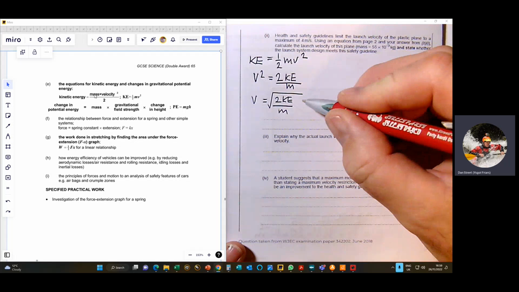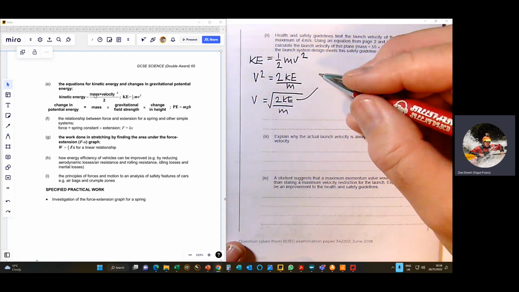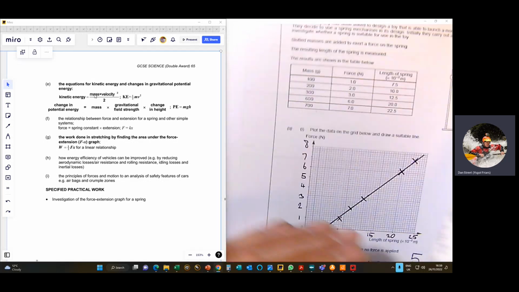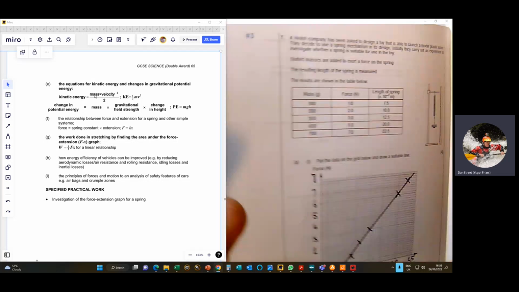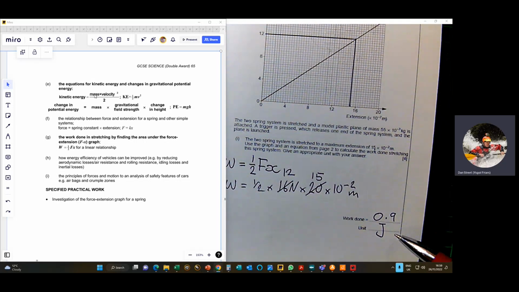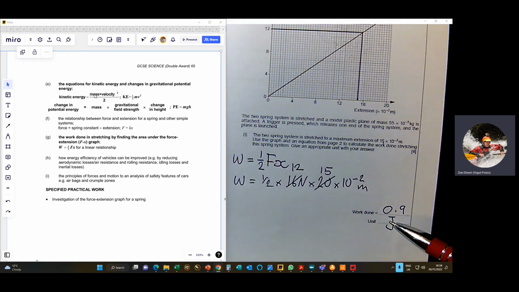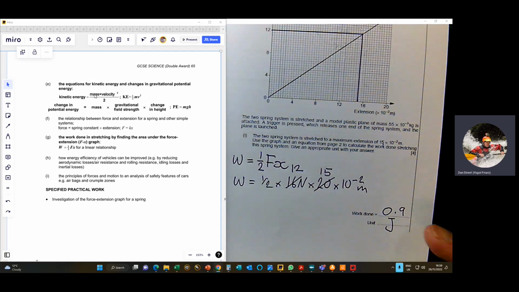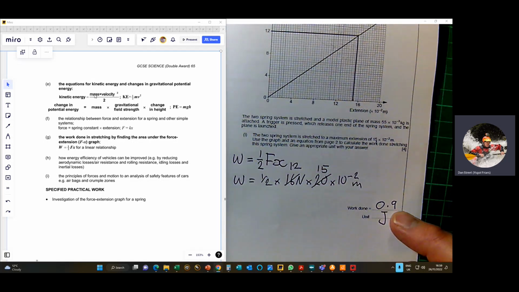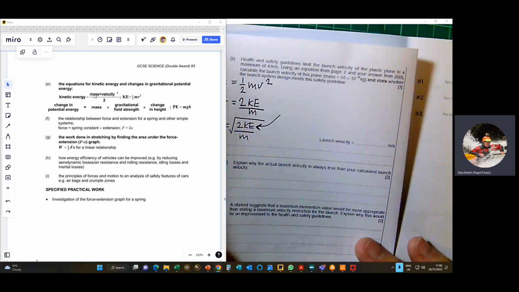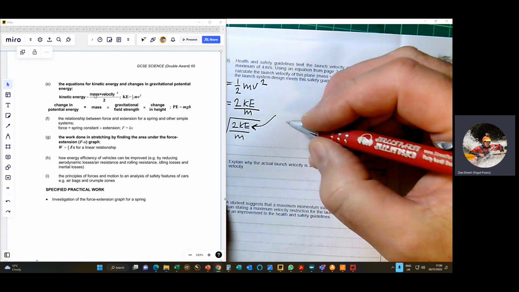Now the KE in this instance is the energy that we calculated in the previous question. We've calculated that by pulling the spring back 15 times 10 to the minus 2 meters, we're giving that spring 0.9 joules of energy. As soon as you release the spring, that 0.9 joules of energy would be transferred into kinetic energy in the plane. So that there is 0.9.